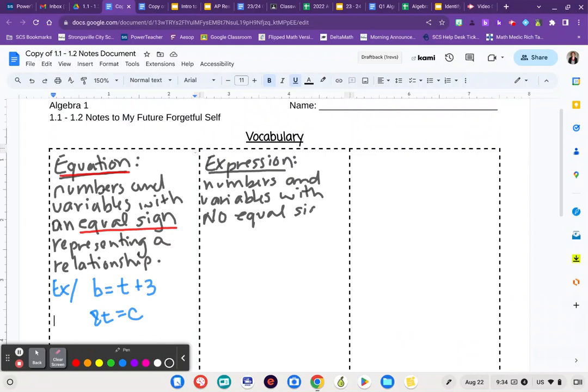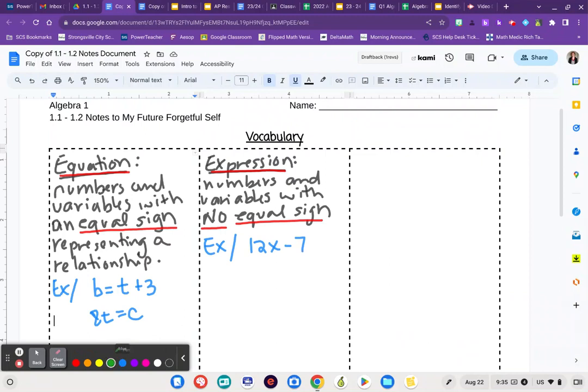So an expression does not have an equal sign. So I'm going to underline that. Expression has no equal sign. So I'm going to give you an example. So an example would be something like 12x minus 7. There is no equal sign here.